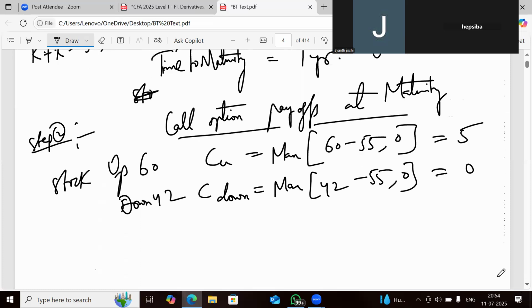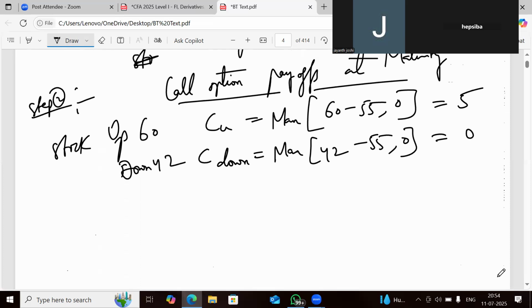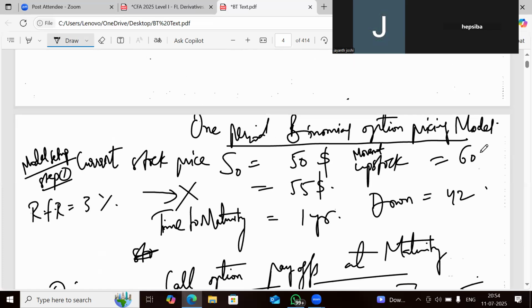Third step, we are going to construct a portfolio. We are going to take the option along with the stock. When the stock has gone up, you see the payoff. When the stock has gone down, you have seen the payoff. The stock becomes 60 when it goes up and 42 when it goes down.